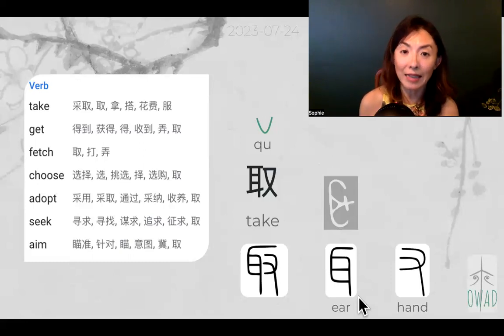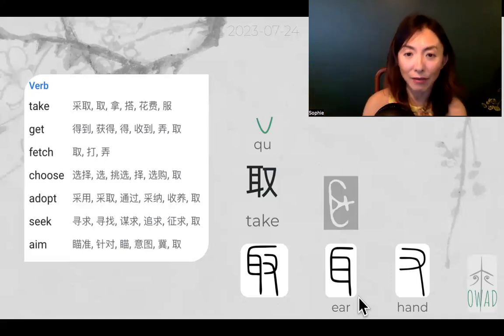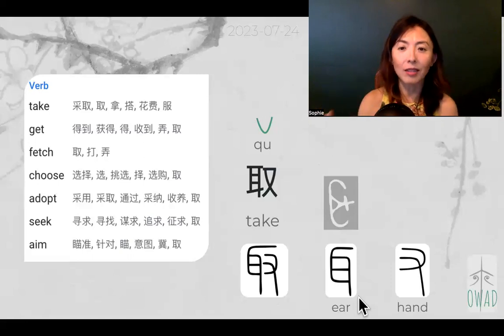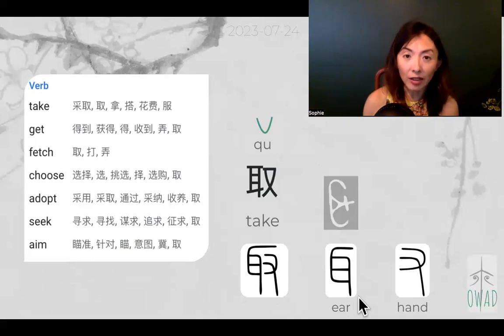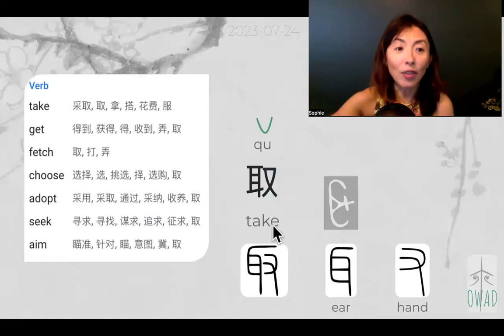So this ear taking was actually implying life taking, meaning killing. And this kill message eventually lost its blood stain. Now in contemporary Chinese, I just look at ear and hand, and it doesn't mean anything to me until I look deeper into the history, the origin. Okay, so that's take.